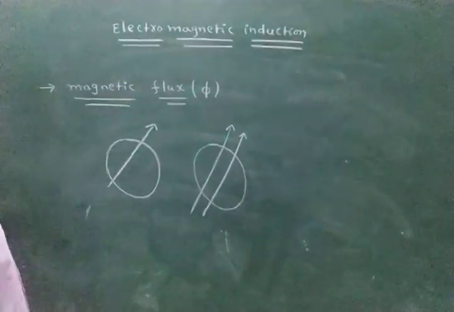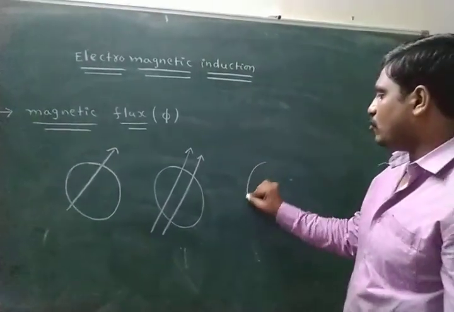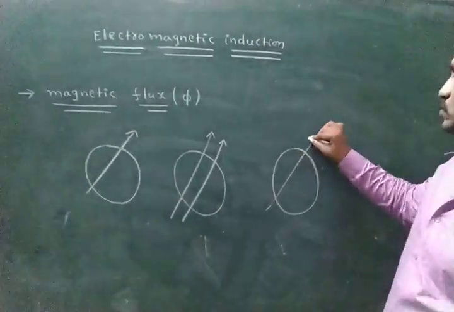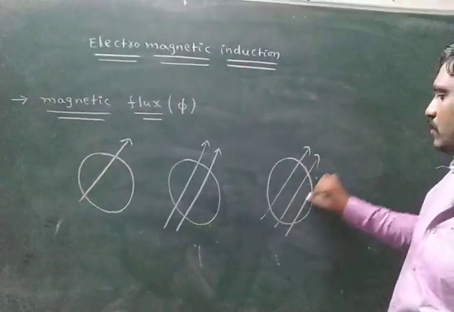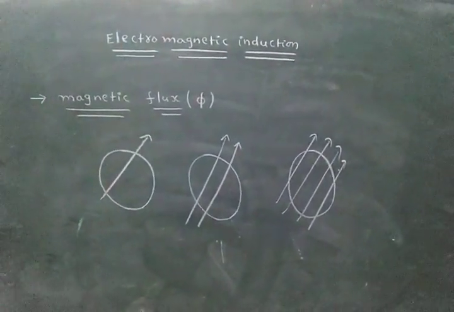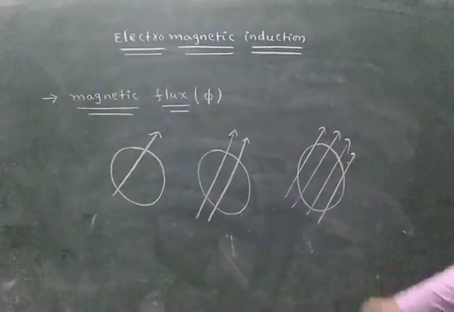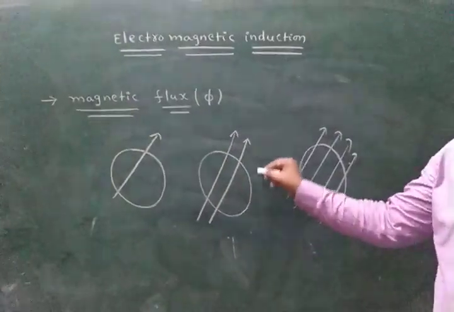Two. Flux is 2. Here, how many lines are passing, see the diagram? 4. Flux is 4. Simply, the number of magnetic lines passing through a given area.